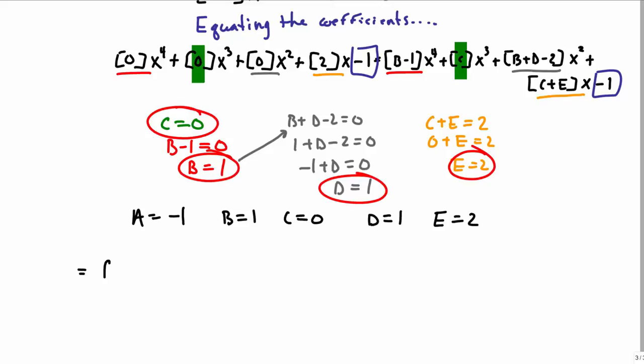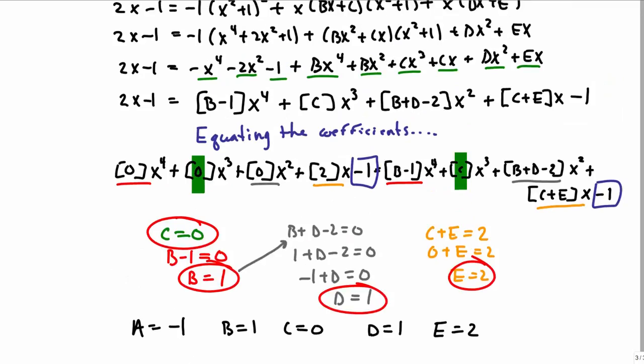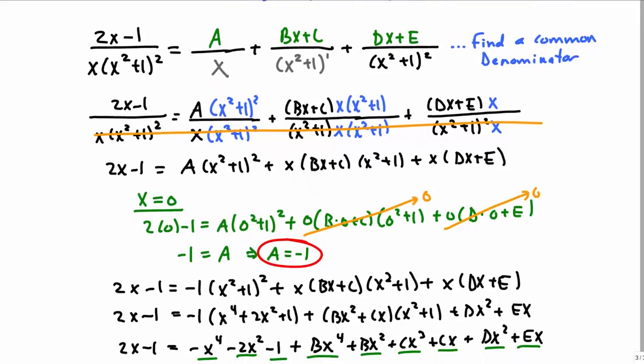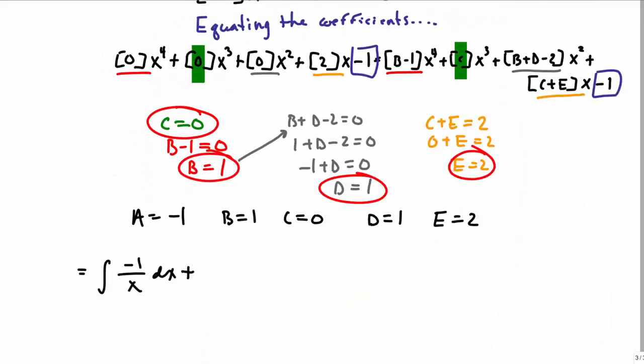So I have the integral of -1 over x dx plus, and I'm just going to split these out into separate integrals, bx plus c over x squared plus 1. So again, this was a. This is going to be bx plus c. So that's going to be 1x plus 0.